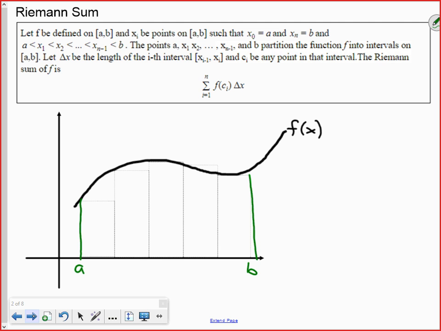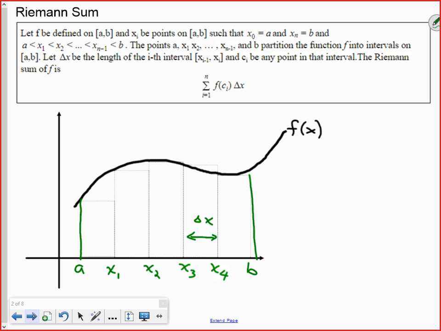These boundaries between our individual rectangles we can call x_1, x_2, x_3, and in this case, x_4. Okay. Let delta x be the length of the ith interval. We talked about how you get that value delta x. We said that the width of each one of our little rectangles was delta x, and we've made all of our rectangles have the same width.